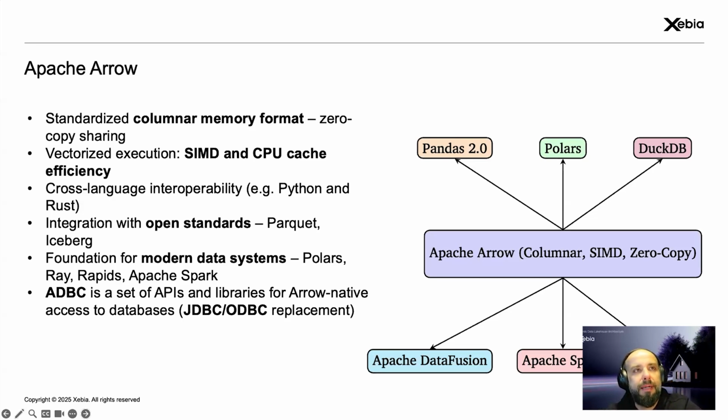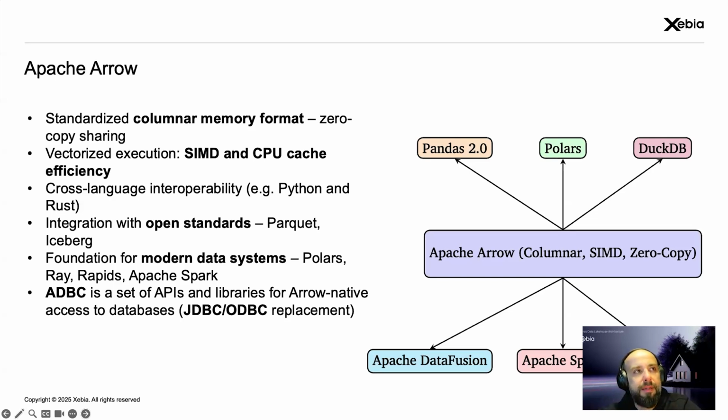So you can, for example, build some tools that have a Python user interface with some native backend written in Rust, and you can pass the data between these two layers without any overhead. Because all the systems have native support for Apache Arrow, you no longer need to copy data between these two ecosystems.